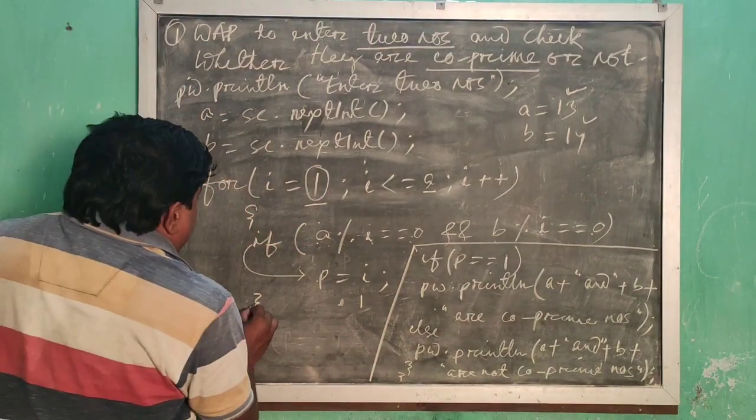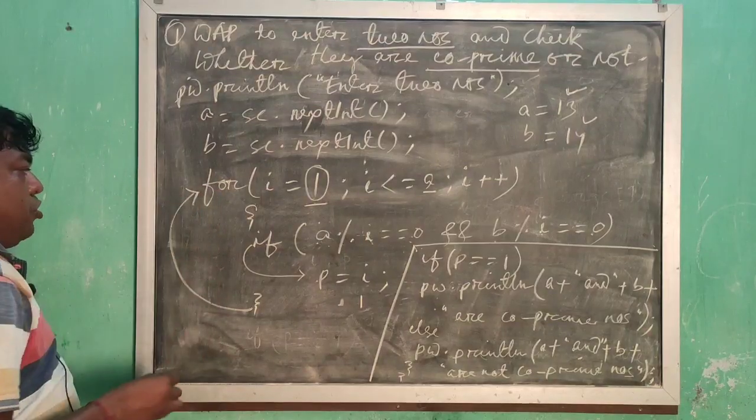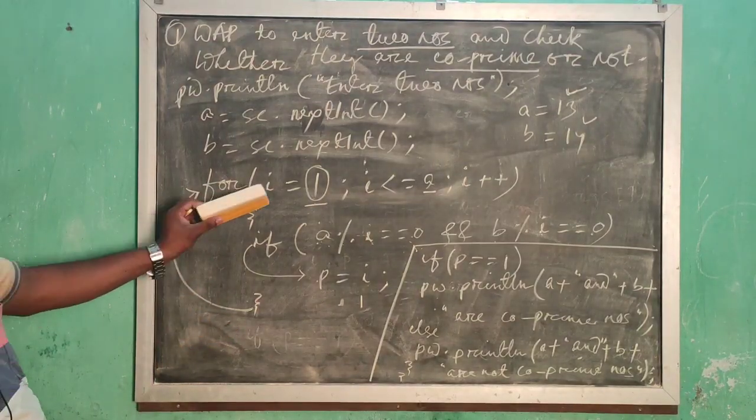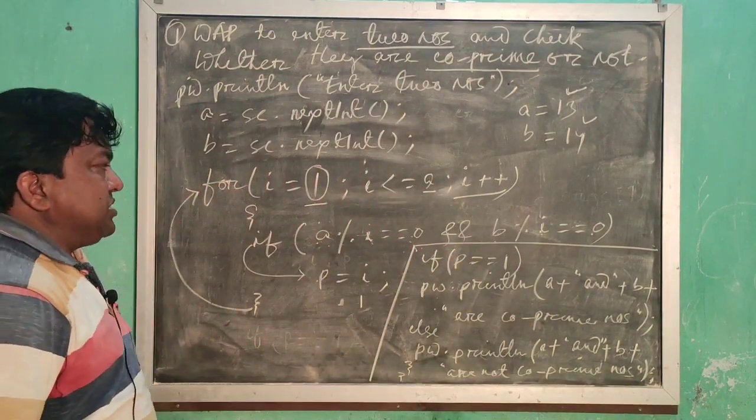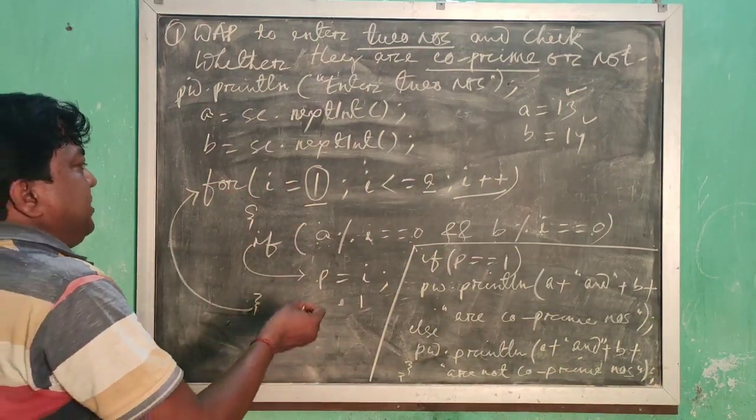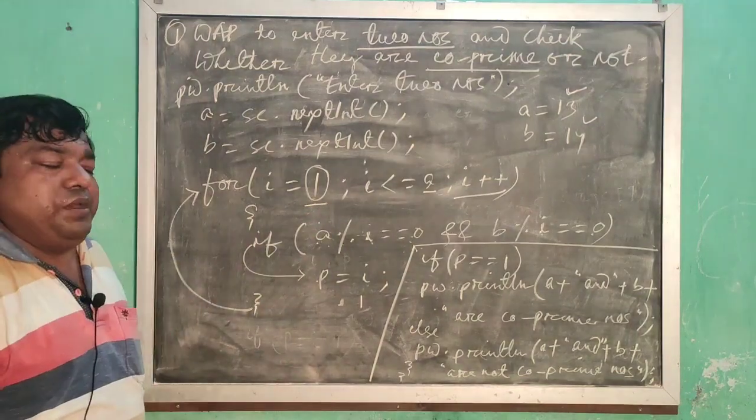After that it comes back to the for loop, and i is increased by 1, so now the value of i will be 2.